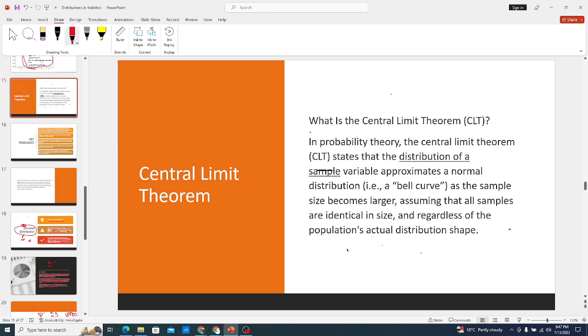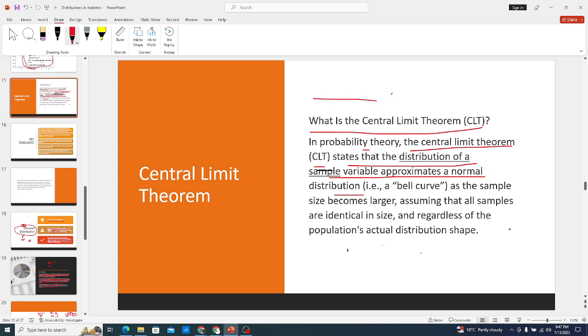Nice. So, what is the central limit theorem? In probability theory, the central limit theorem states that the distribution of a sample variable approaches a normal distribution. By the way, I also forgot that.